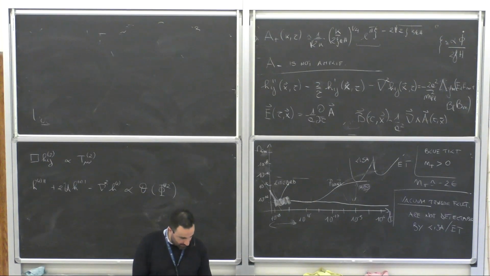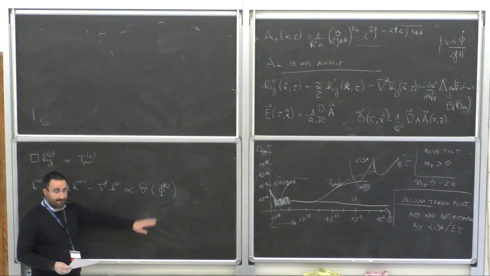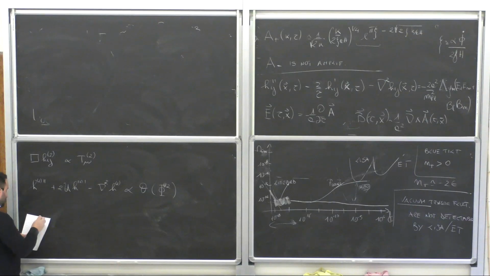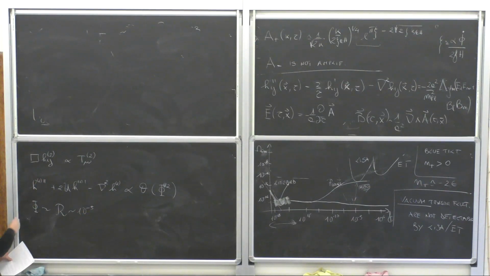On CMB scales, phi is proportional to the curvature perturbation, which is of order 10 to minus 5. We have constraints on the scalar perturbation and on the tensor perturbation, and this one is of order 10 to minus 5.